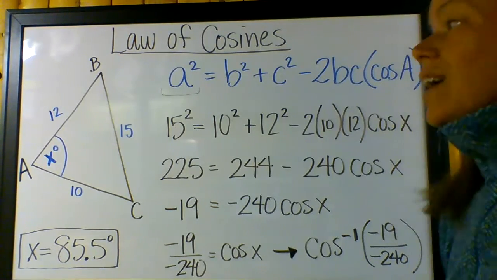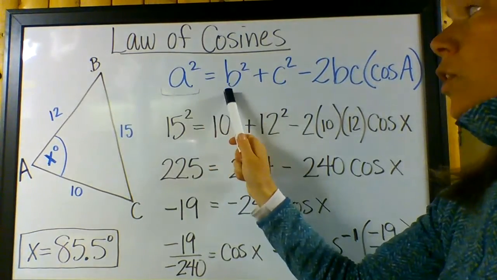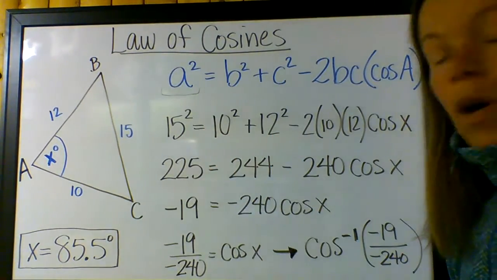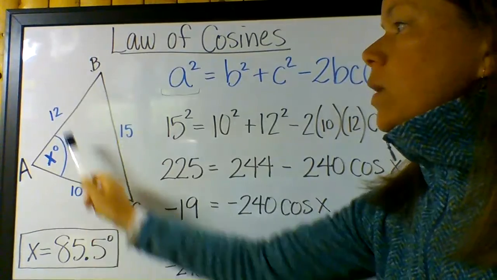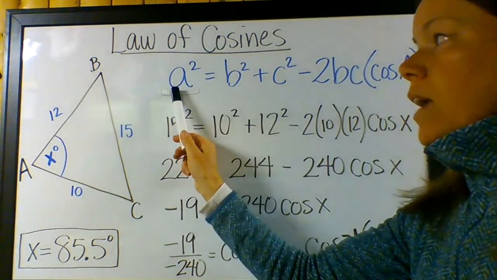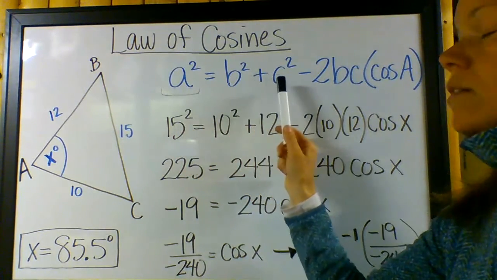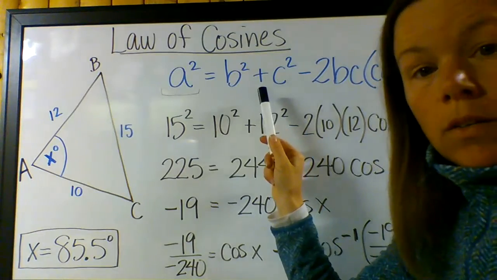So this is the side opposite the angle that you're given or that you want to find. That side squared equals the other two sides squared, right? So I've got b squared and c squared. It doesn't matter which one. So the side opposite the angle squared equals one of the other sides squared plus the third side squared, okay?